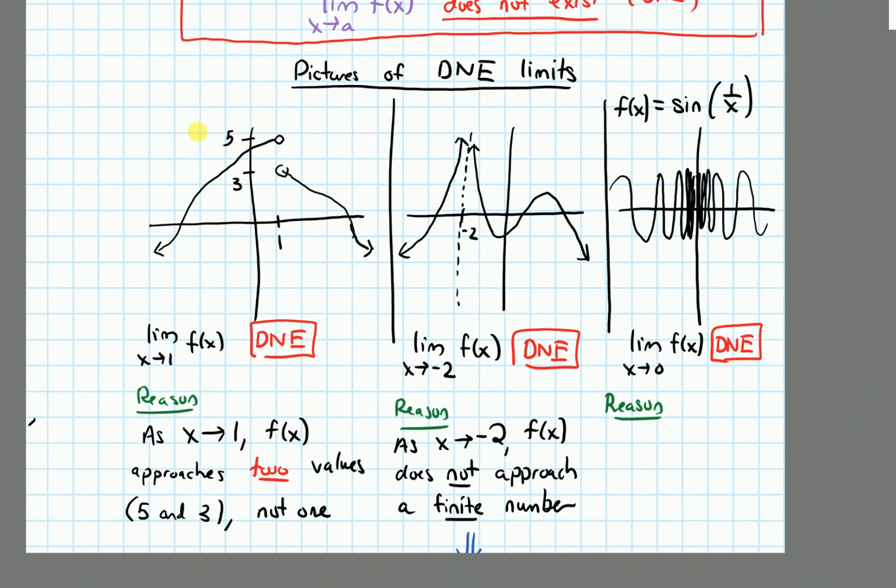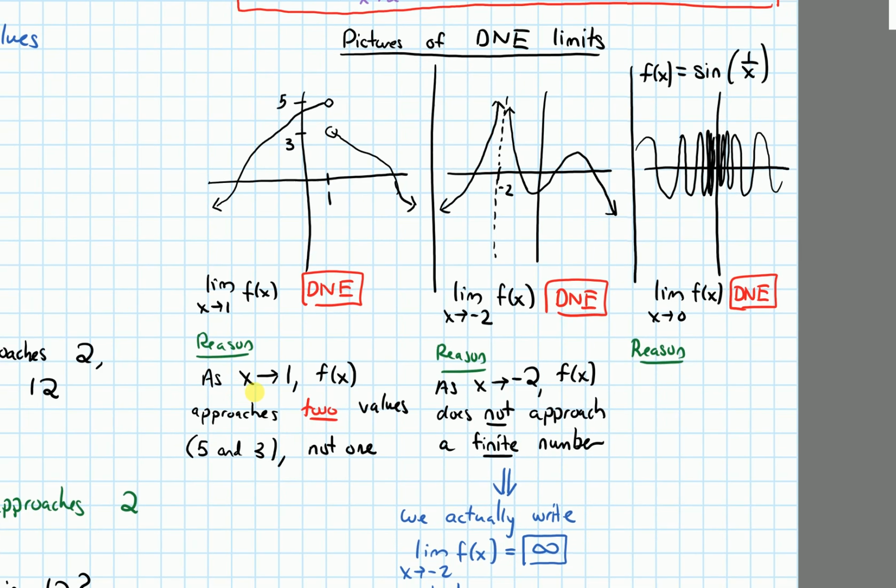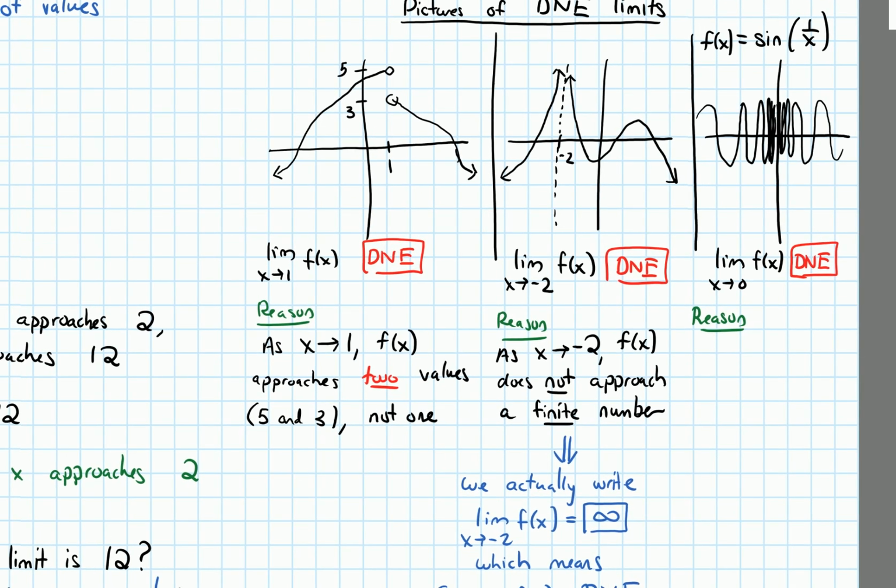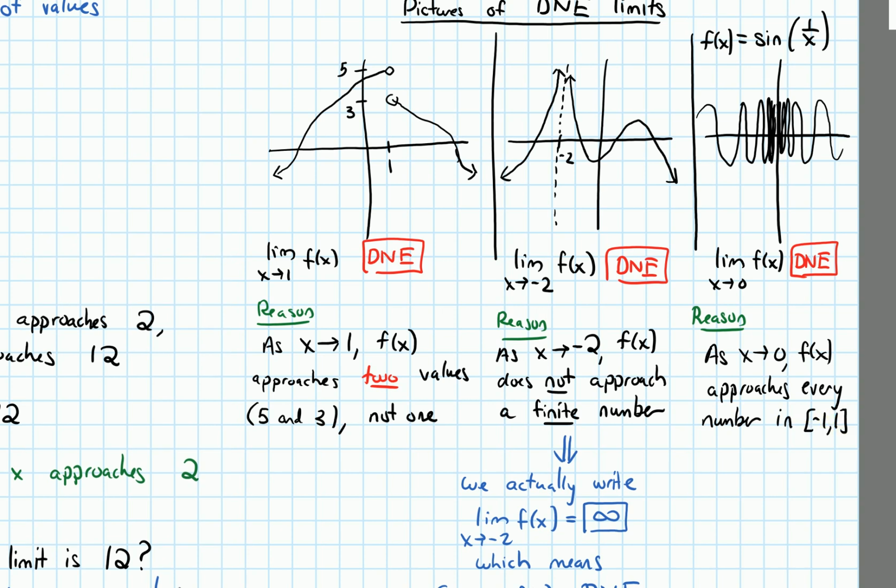Okay, so let's zoom out a bit and write down this reason. The reason here is, now x is approaching 0. As x approaches 0, what is f of x approaching? What are our y values approaching? Well, because of this infinite oscillation that's happening, f of x approaches every number from -1 to 1 in some sense.